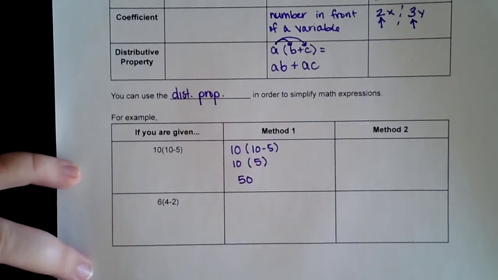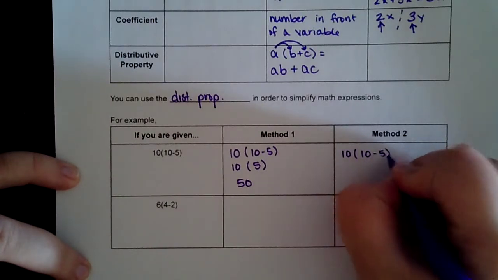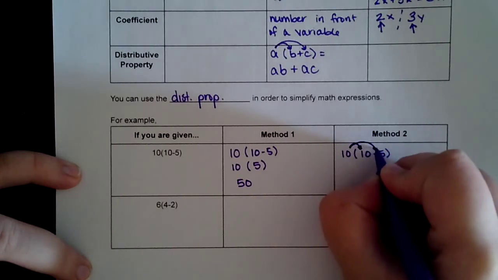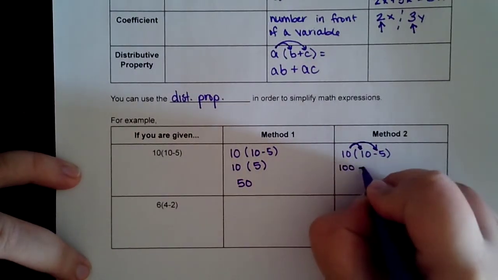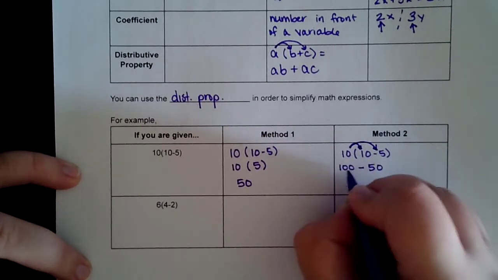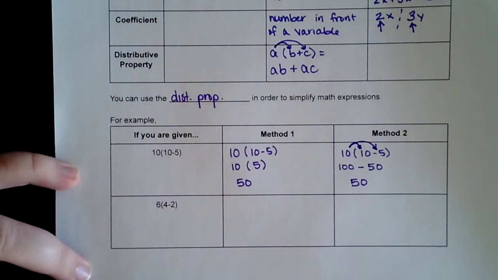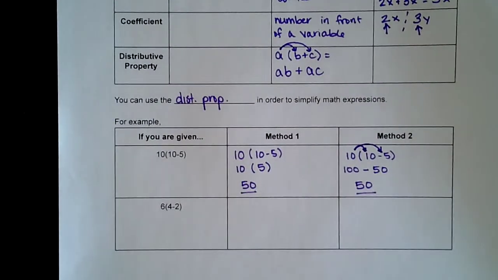What the distributive property says is I can take 10 times each individual term inside and then subtract. So 10 times 10 is 100 minus 10 times 5 is 50. So 100 minus 50 gives me 50. Notice we did the problem 2 different ways but got the same answer.